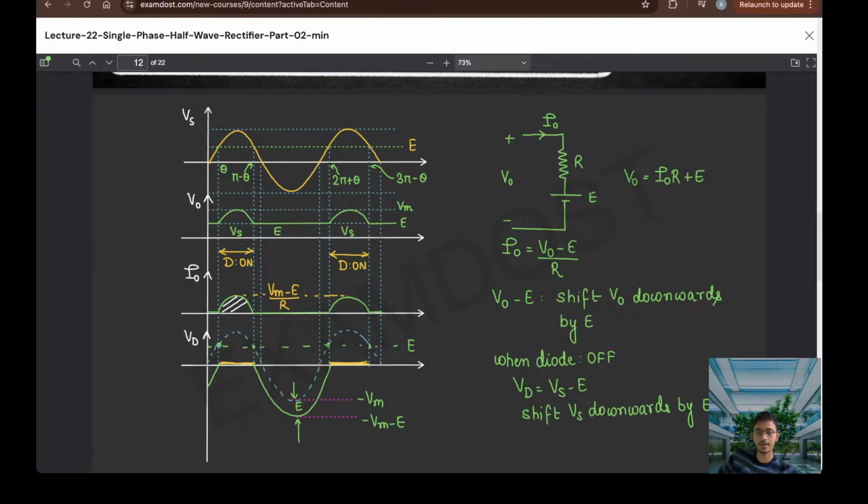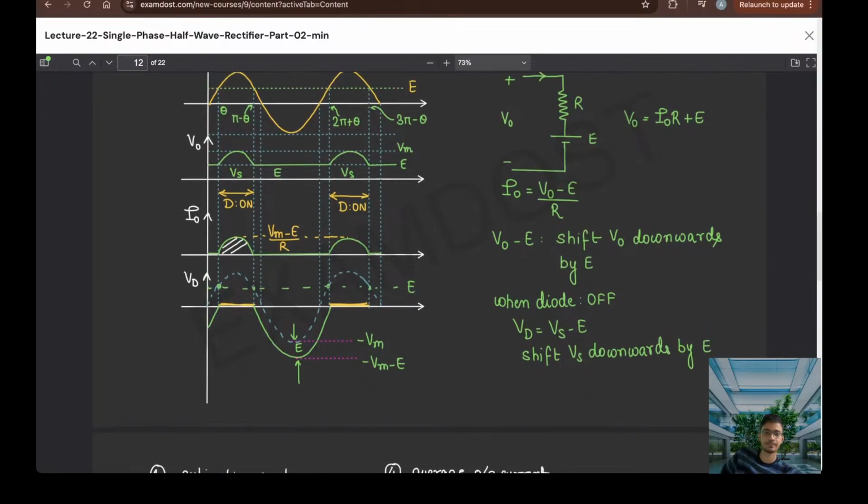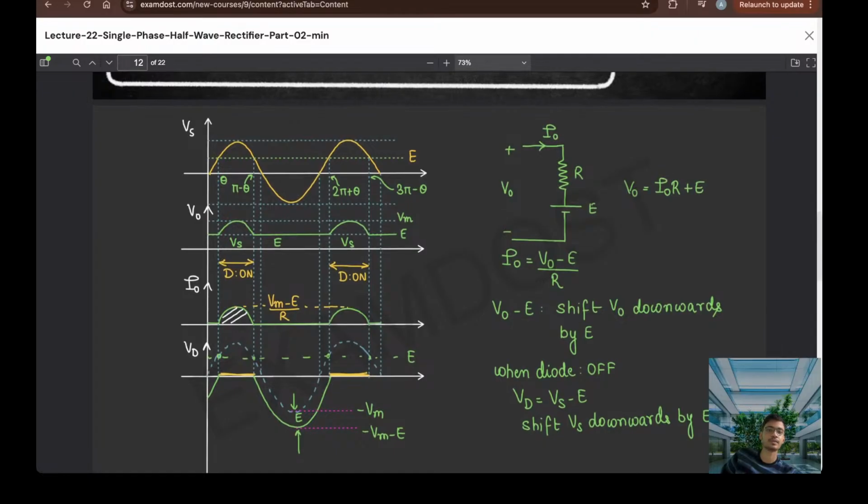Draw Vs and also E and just drop it by E, like it would come here, between minus E and Vm minus E. And that's all. I0 goes to VO, E by R.